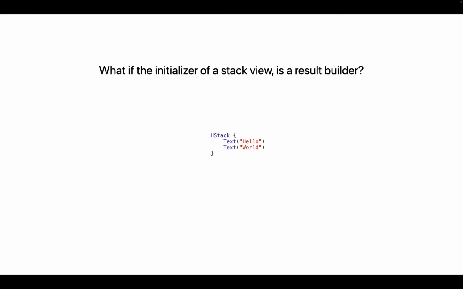Inside the initializer of the horizontal stack, we can just pass in all the views that we want the stack view to render. So this one would correspond to the hello world stacking horizontally. And this is also a view, so that we can wrap that inside something else as well, right? And we can just add that inside a VStack.